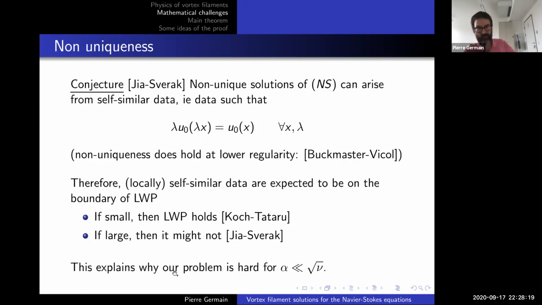And this explains why our problem is hard. If you take alpha, there is a typo. If you take alpha much bigger than square root of nu, as soon as you escape the perturbative regime for locally self-similar data, things become difficult.